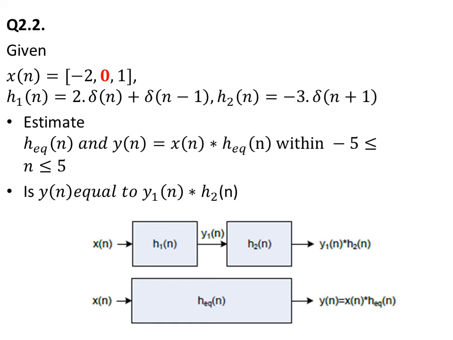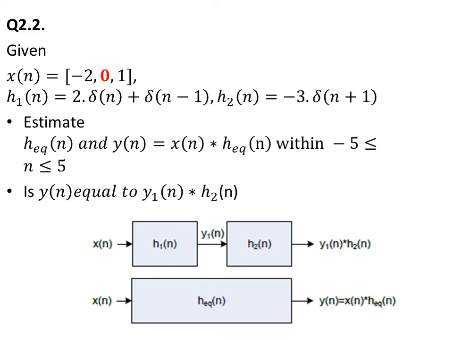Y1n is Xn convolution with H1n, right? Then the resultant, which is Y1n, we are feeding again to H2n, right? So when we are feeding it to H2n as the input, the output will be Y1n convolution with H2n.